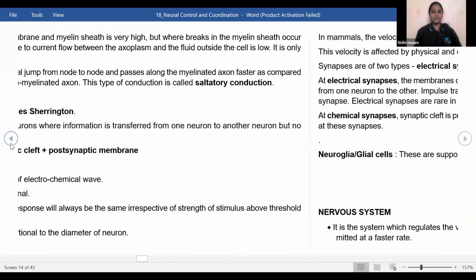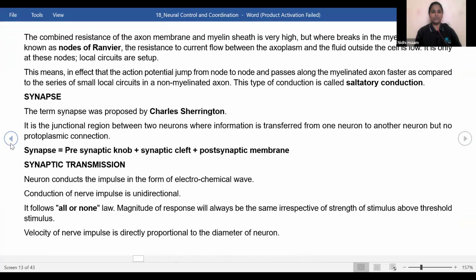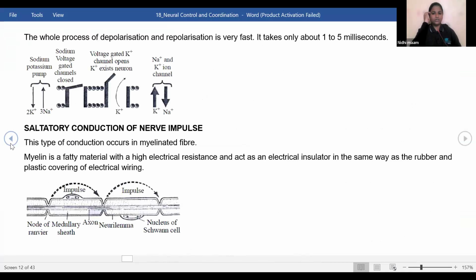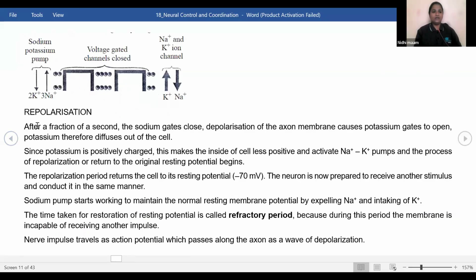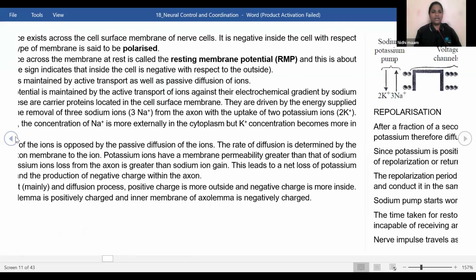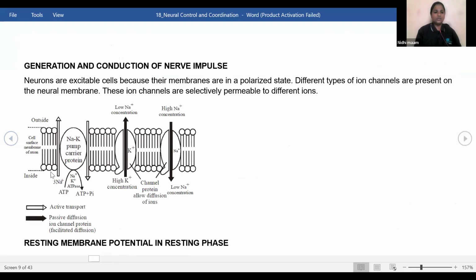Chemical synapse, synaptic transmission, conduction of nerve impulse, sodium voltage. Here you can see repolarization, and a sodium potassium pump carrier protein. Neurons are excitable cells, meaning they can be excited because their membranes are in a polarized state. Different types of ion channels are present in the neural membrane.